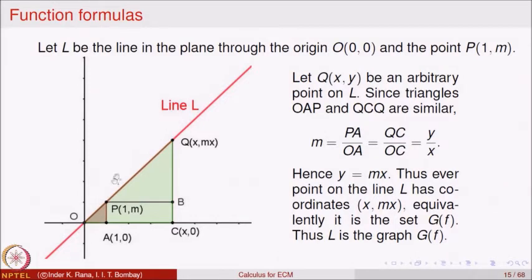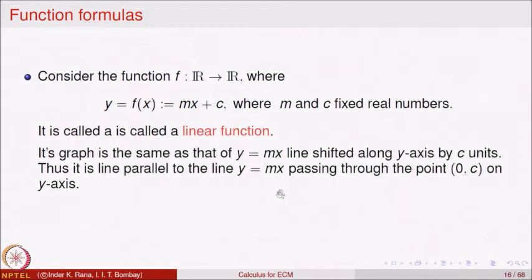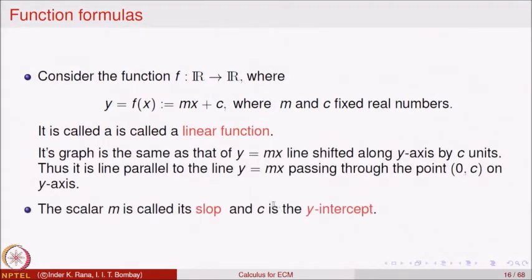So, the inclination of this line, or the slope, is more. That is why this number m is called the slope of the linear equation, and c is called the y intercept. This is called the slope intercept form of the linear equation, because m denotes the slope and c denotes the intercept.